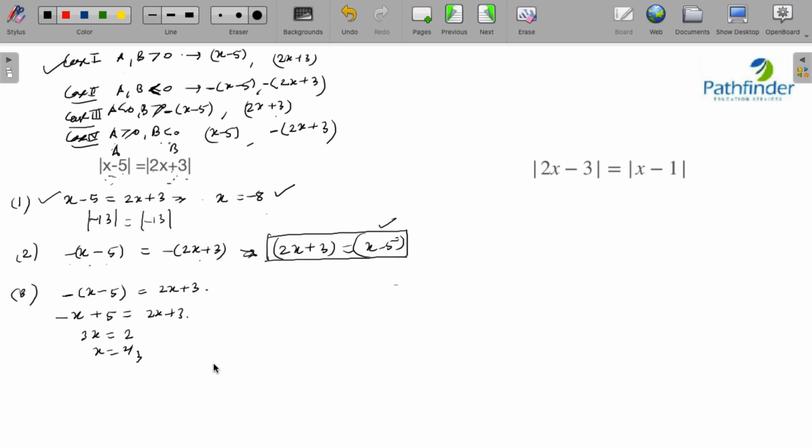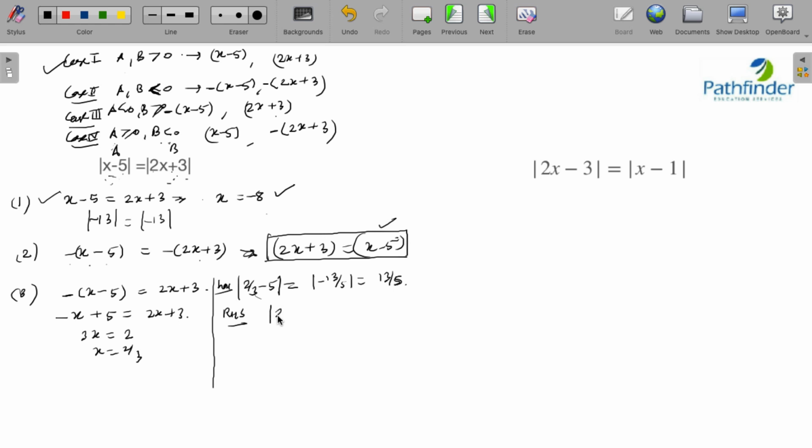Once again, put the value of x in LHS and RHS both. Putting the value of x in LHS, you get mod of 2 by 3 minus 5 in LHS, right? So 2 by 3 minus 5 is minus 13 by 3, which is obviously 13 by 3. And put the same value of x as 2 by 3 into RHS.